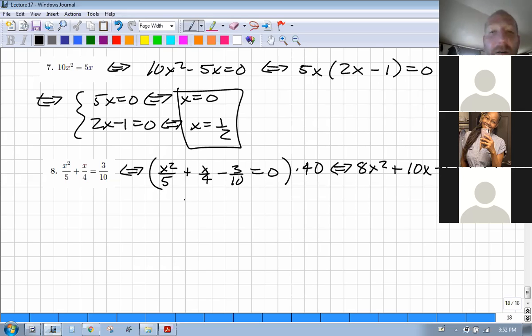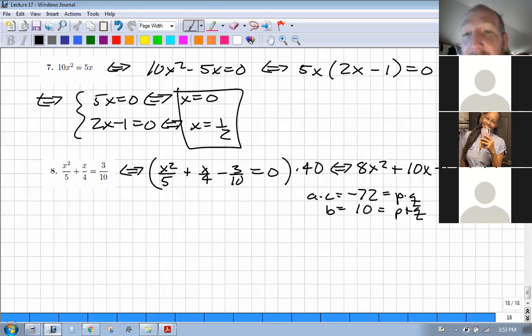So this, if we do our A times C here, 8 times 12, we got a negative 72. B is 10. So two numbers that multiply to give us negative 72, but add to give us a positive 10. One of them is going to be positive, one of them is going to be negative. Let's see. Let's think of the possibilities. 2 and 36.